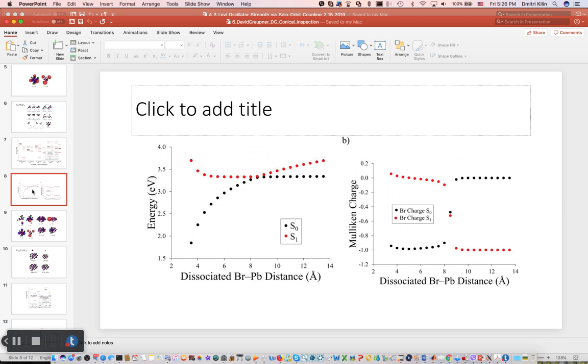So here we see a couple more models. This pair is the bromine dissociated, and this one is just another set with the normal perovskite. And on this side, we're looking at 2 of the nanoparticle models.